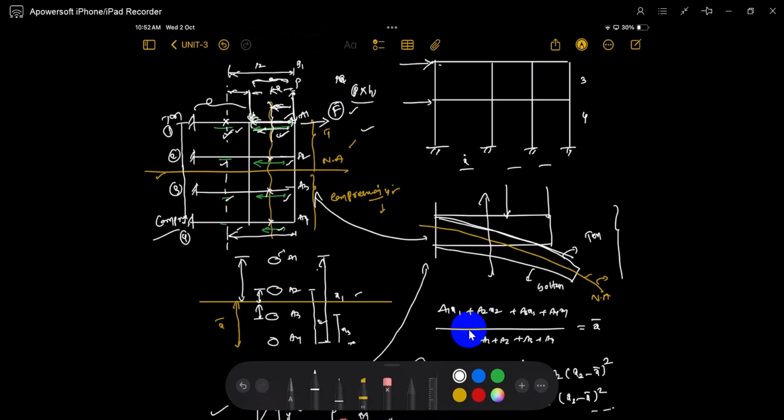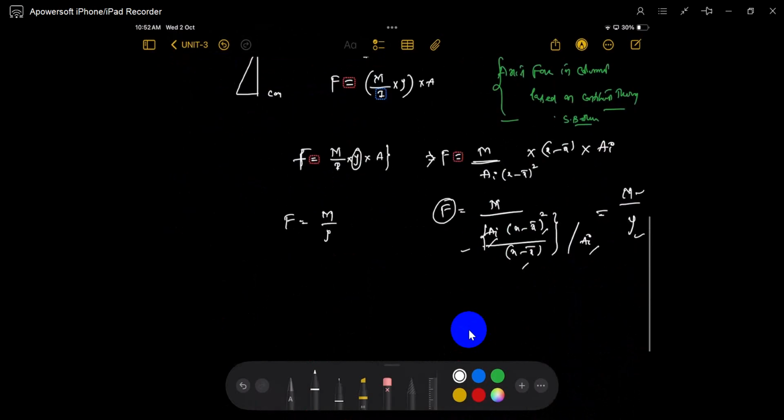Once you find the axial force in the columns, the remaining shear force, bending moment and axial force in the beam will be calculated based on equilibrium equations.